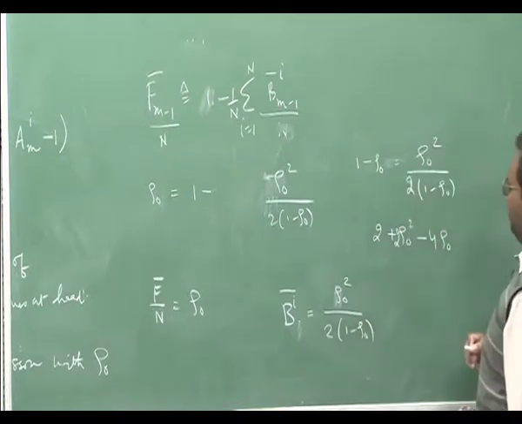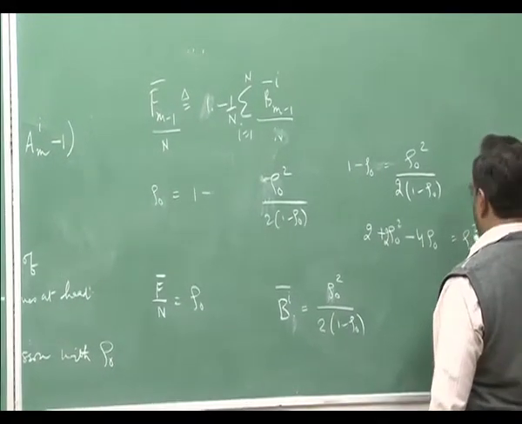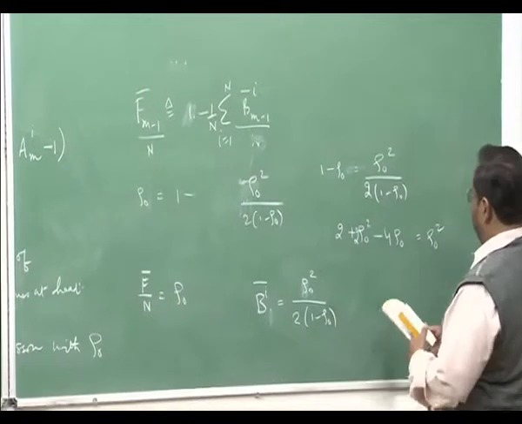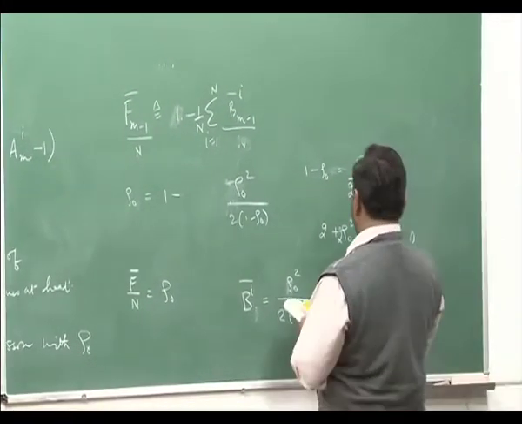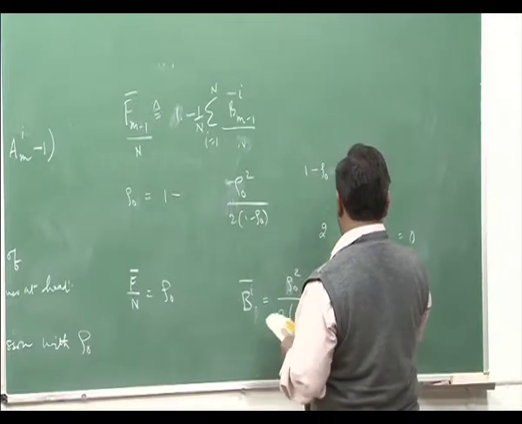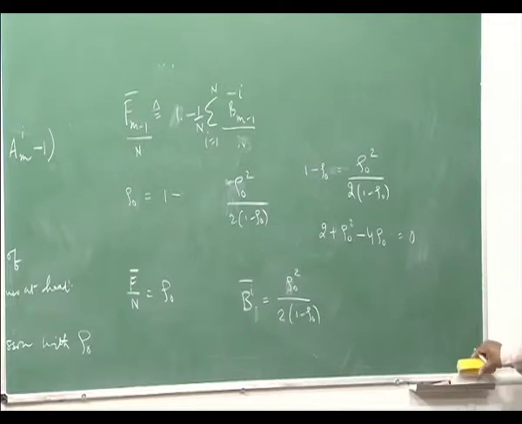There also has to be a 2. Fine. So this rho naught square I can make it equal to 0. This is the equation which you will get. Solve for it.